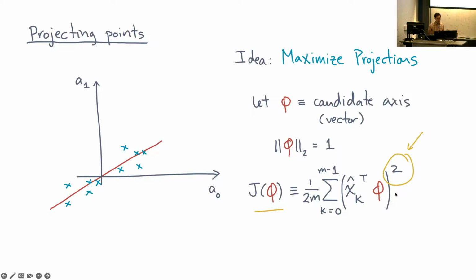That might be one kind of justification. It turns out there's also a statistical justification, which we'll see in just a second. But for now, let's just take this as some measure of projections that we'll try to maximize. So the task now is to find a phi that maximizes this function.